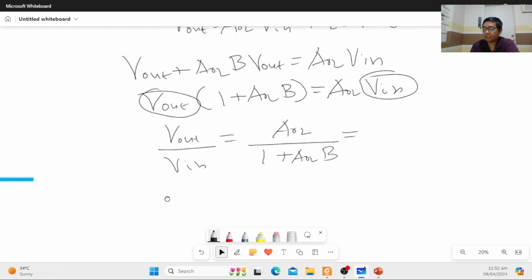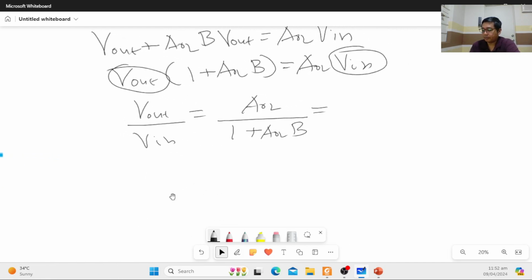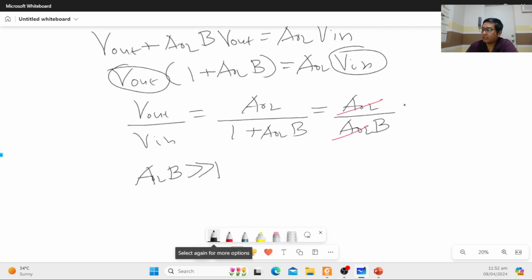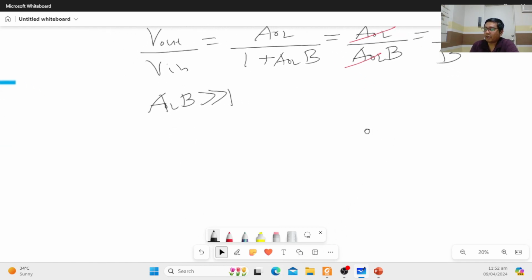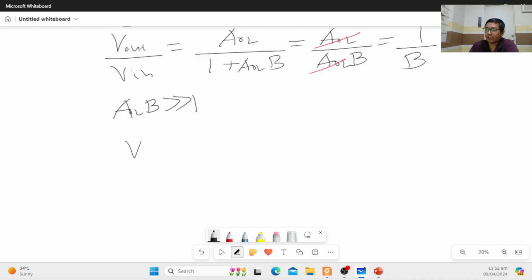So, we can approximate this one. So, this is AOL times the attenuation is much greater than 1. That's why yung ating denominator ay magiging AOL times attenuation B na lang. So we can cancel out AOL, so that would be 1 over B. So we can write down the equation for the output voltage divided by the input voltage.